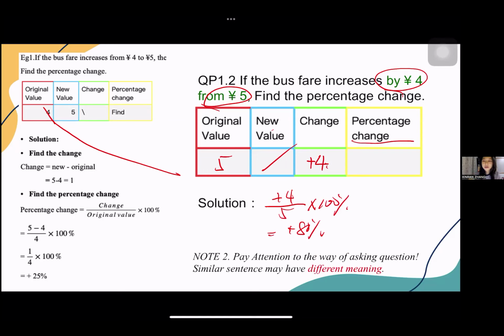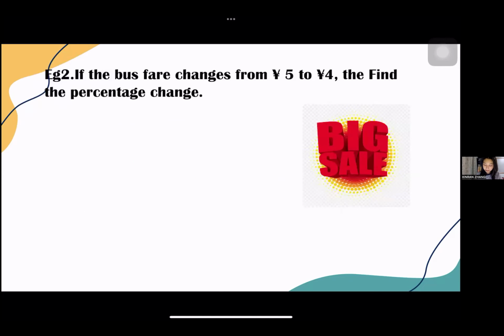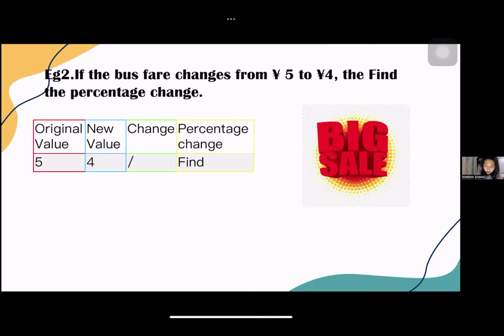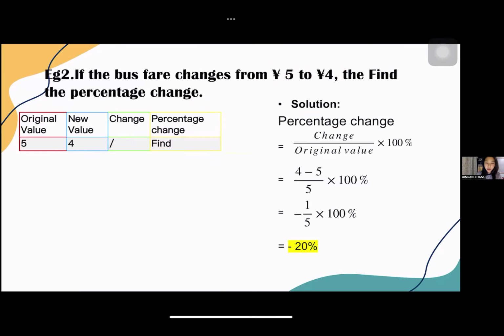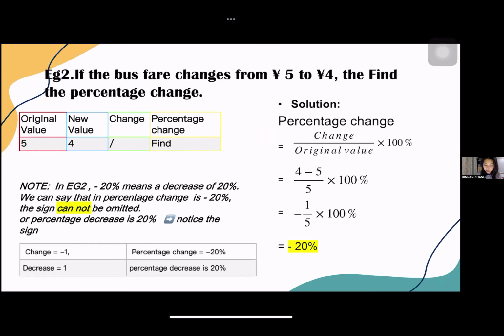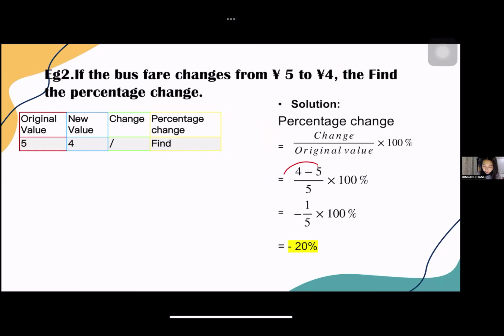You can just make this note on your worksheet here. So let's go through another example. It changed from 5 to 4, and we can use the same way to do it. And the solution here is 4 minus 5, divided by 5, and the percentage change is negative 20%. We can also say the percentage decrease is 20% instead of minus 20%.